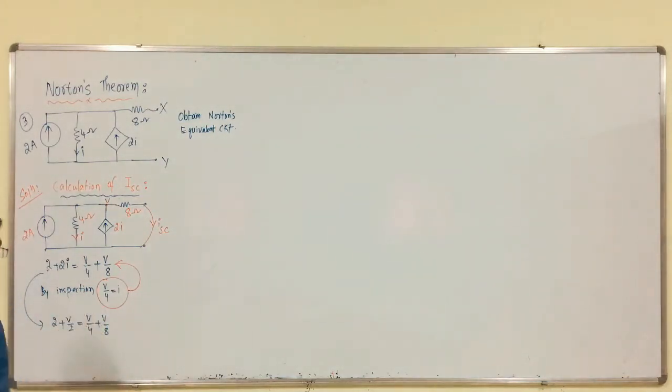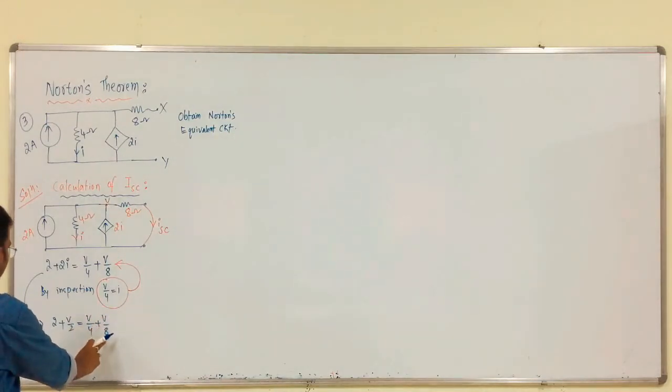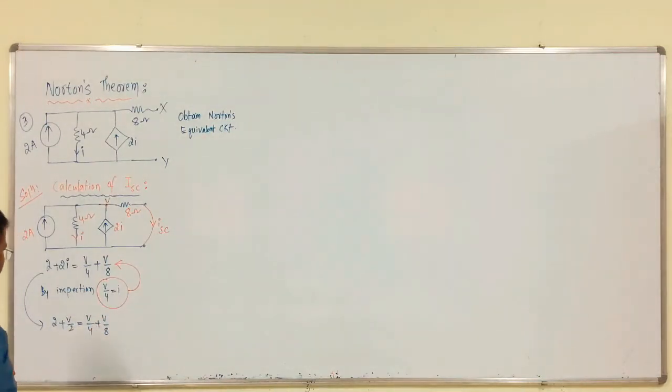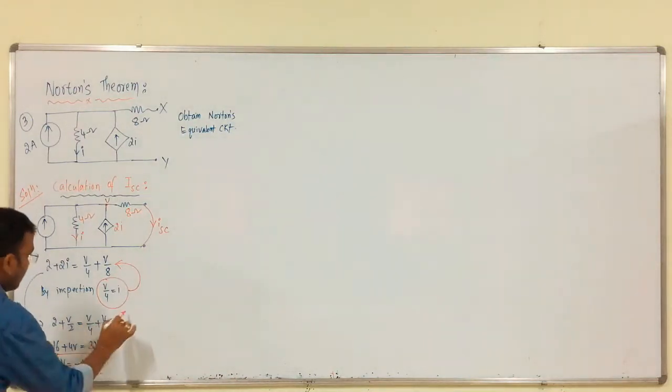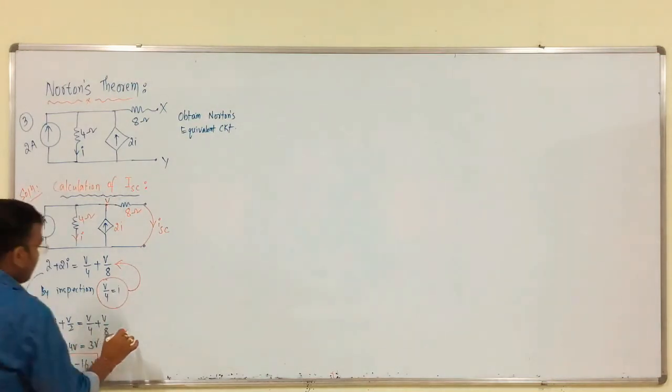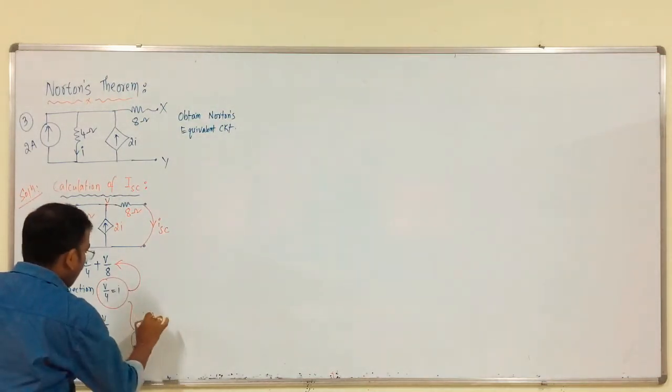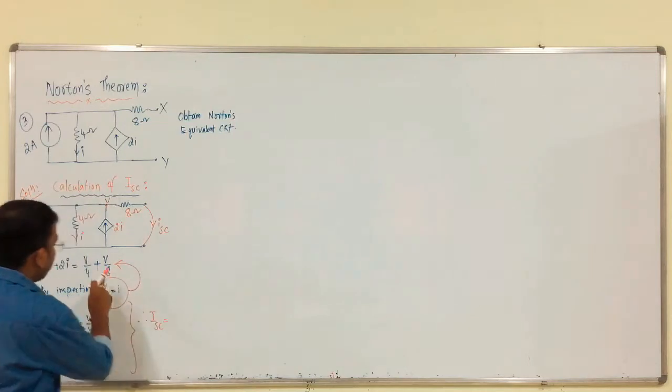From this side, 2V plus V, 3V by 8, which is equal to 4 plus V by 2, 4 plus V into 4, that is 16 plus 4V, which is equal to 3V. From this V is equal to minus 16 volts. ISC is equal to V by 8, right?